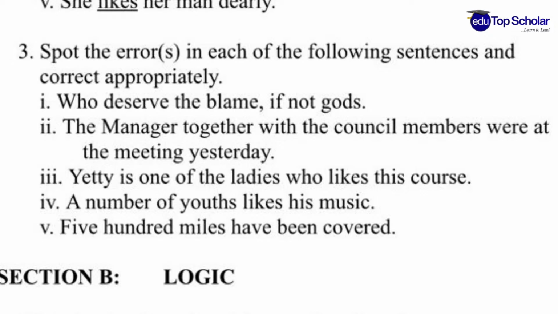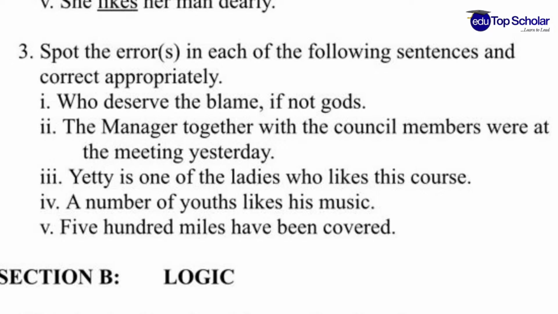So whenever you have accompaniment with a subject, if the subject is singular, you treat the whole subject as singular. Unless the subject is plural, that is when you treat it as plural. But in this case, the manager is a singular subject. Then, together with the council members, does not make it a plural subject. It is just an accompaniment.